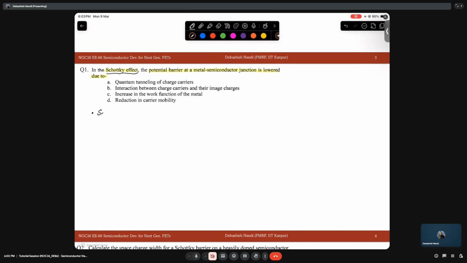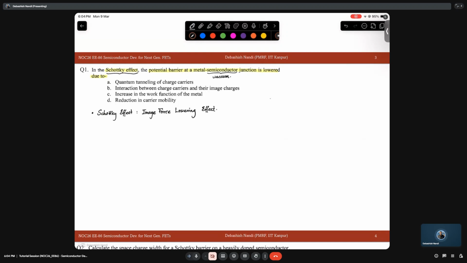The Schottky effect is also called the image force lowering effect. First, let us consider a metal vacuum system. In that case, we'll be able to appreciate what this barrier lowering is.